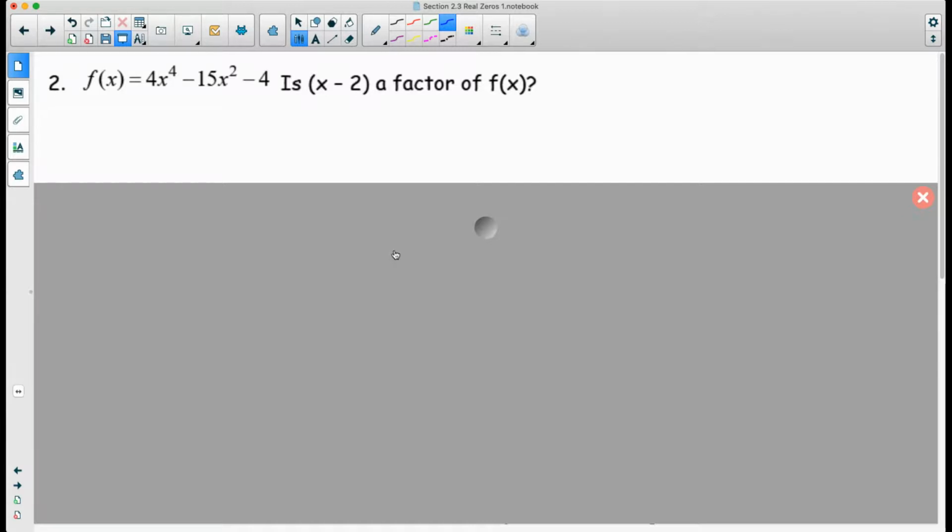No, this is a matter of flipping way. This is a factor. It is a factor.